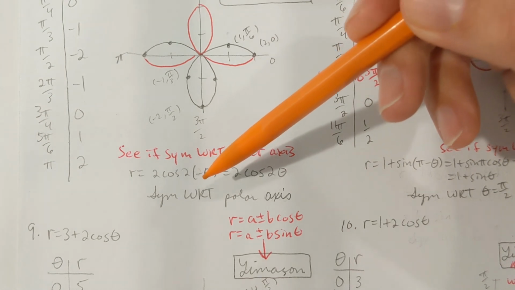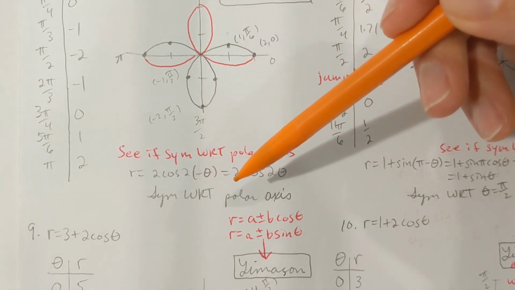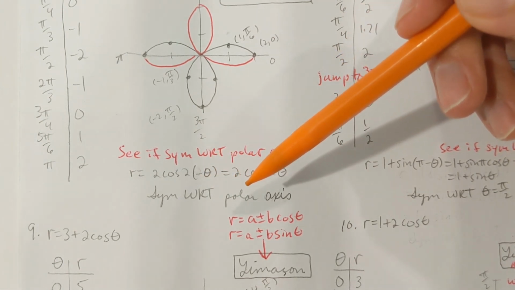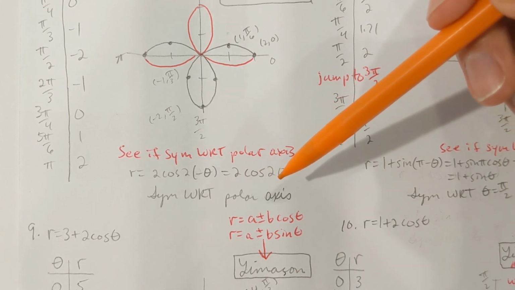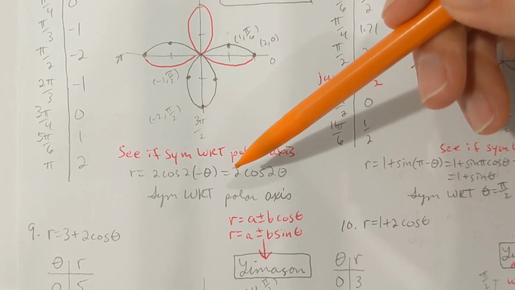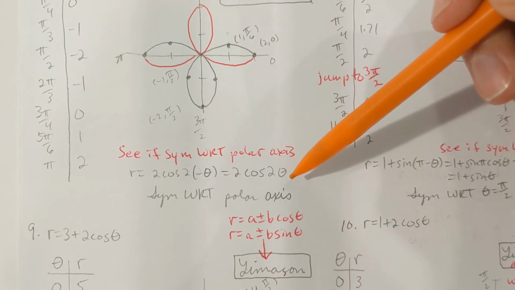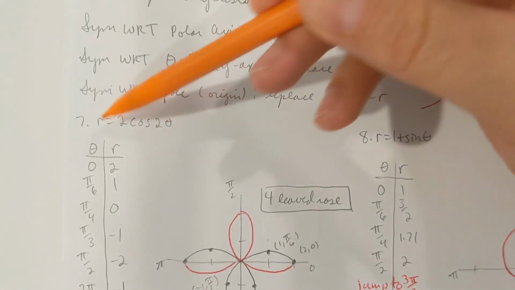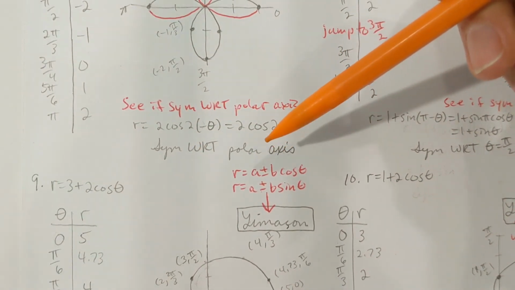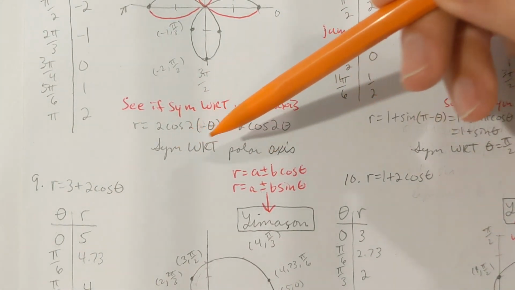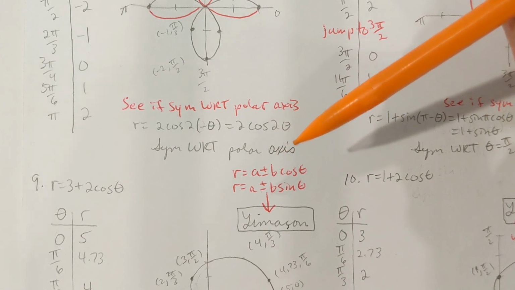Cosine of negative 2 theta, that's the same as cosine 2 theta, right? The cosine function is an even function, and so I would get 2 cosine 2 theta for r. Well, that's exactly the same as the equation that was originally given to me, right? So this calculation tells me that this graph is going to be symmetric to the polar axis.